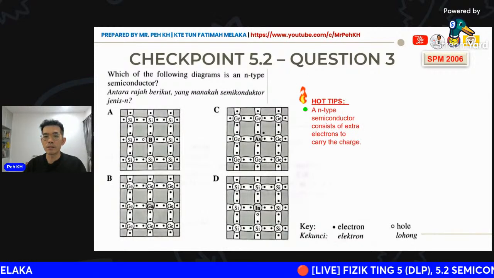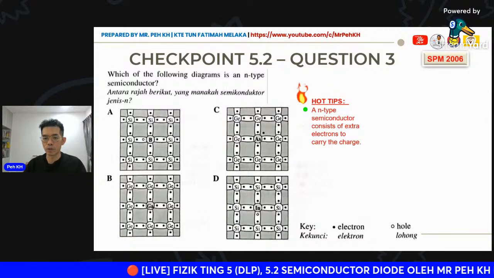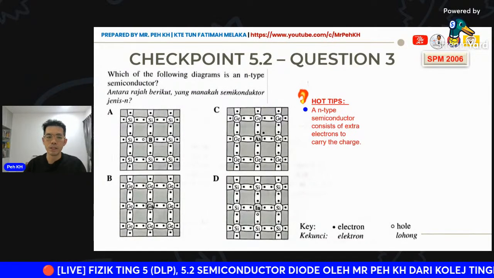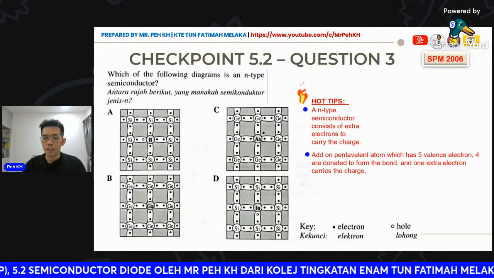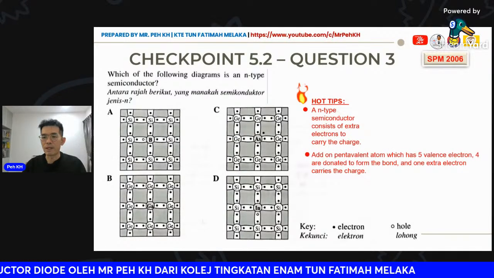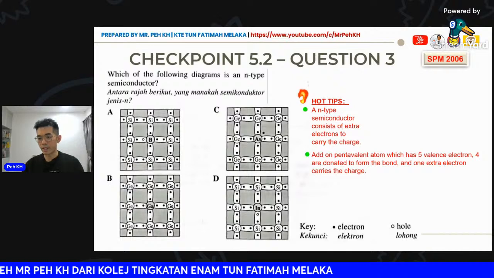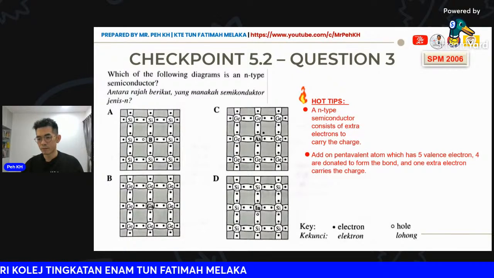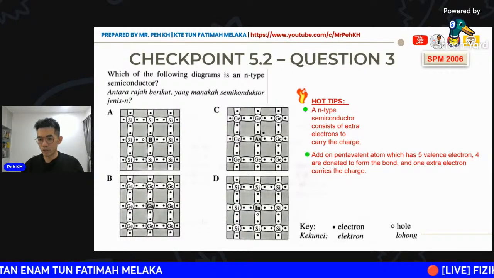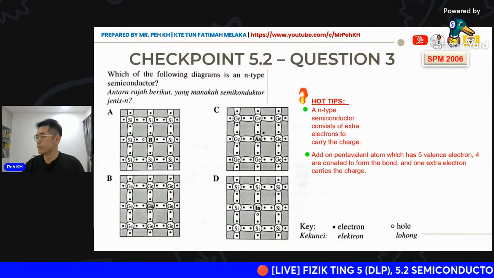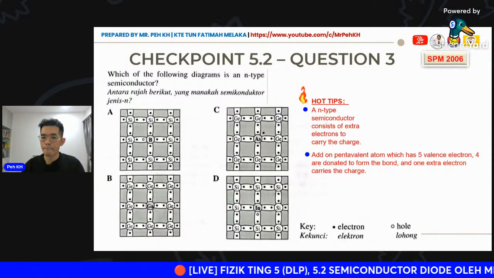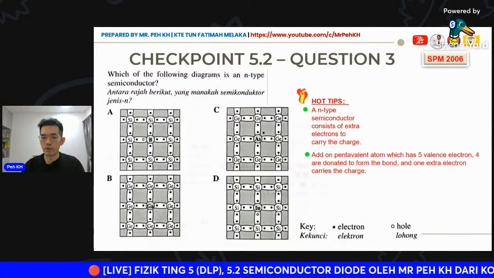Okay, so here, as mentioned, the N-type of semiconductor will have one extra electron as a carrier in the semiconductor. And add on the pentavalent atom, which has 5 valence electrons, one extra electron will be the carrier, and the other 4 will form the covalent bond with the pure semiconductor.